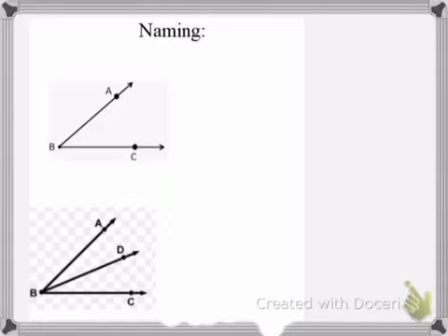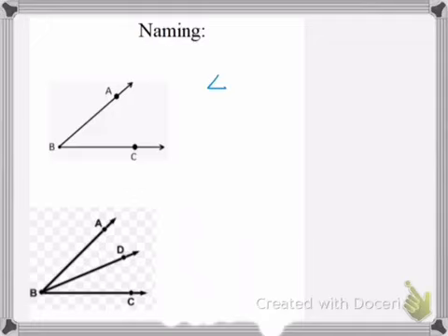Next, we'll talk about how to name an angle. So in our last video, we had special symbols that we used to name a line, a segment, and a ray. Same thing here. So I have an angle. We use just a little angle symbol before I name it. So again, with lines, we needed 2 points to name a line, a ray, and a segment.